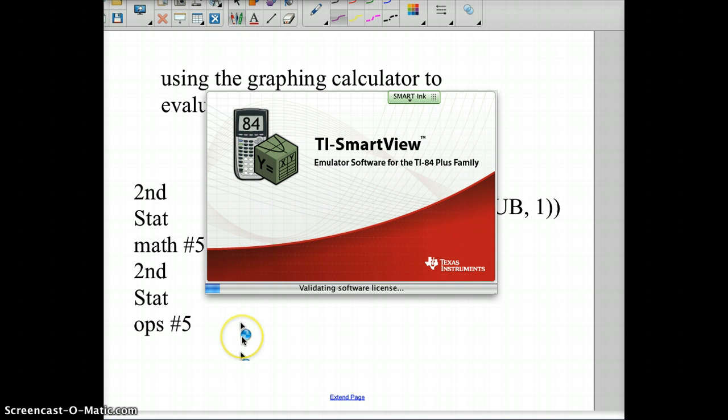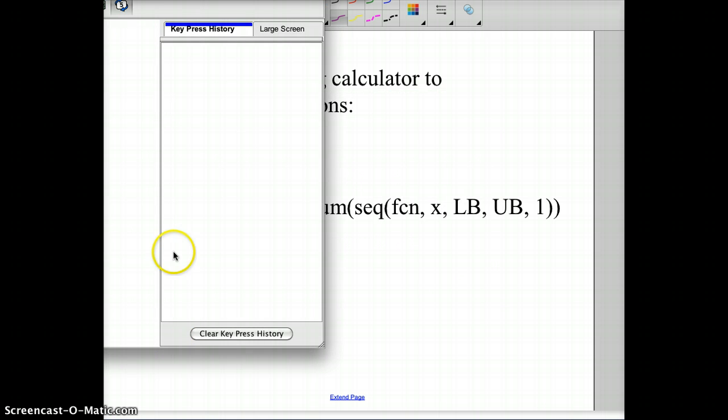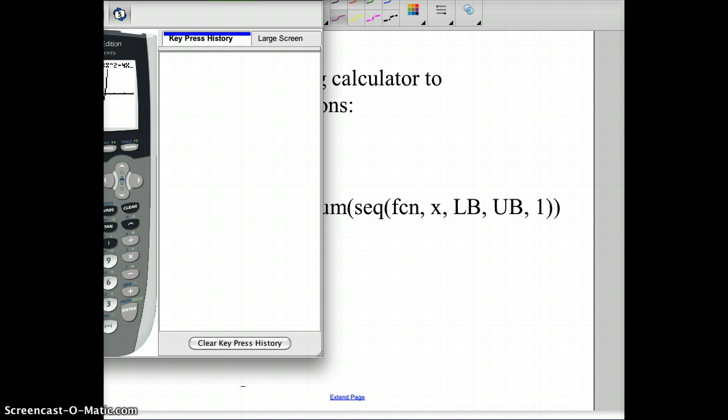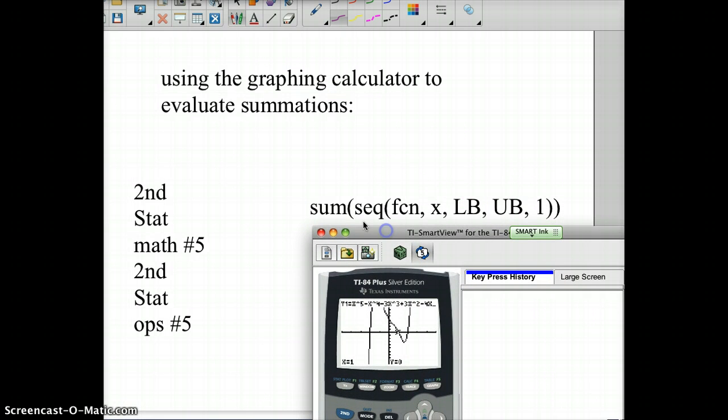And then push second stat again and go to ops and go down to number 5, and that gives you sequence. So you're going to have the word sum first and then the word sequence after that. You're going to have sum on your home screen and then sequence.